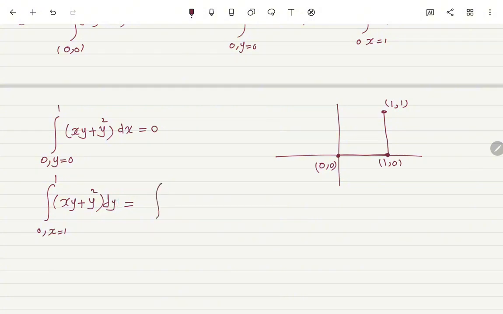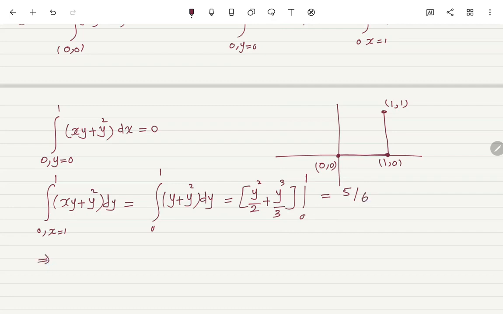So from 0 to 1 here, y plus y square dy, or equal to y square over 2 plus y cube over 3 from 0 to 1, and this whole thing equal to 5 over 6.